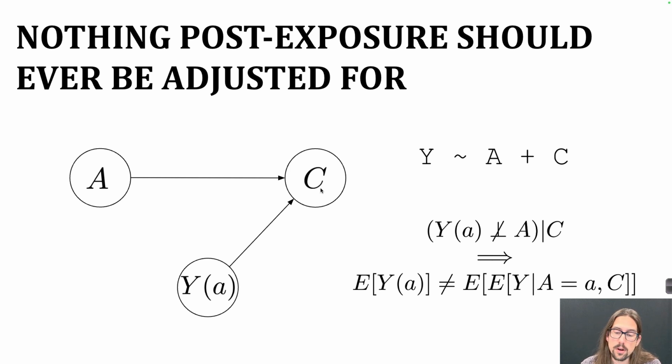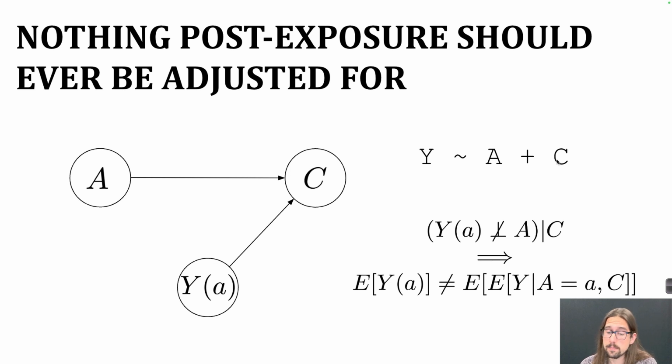You want to know what would happen in my regression model, where I'm estimating the effect of A on the observed outcome Y, if I regressed Y onto A and C. If I did this in R and looked at the coefficient of A, or did the plug-in estimator to get the marginal effect of A on Y, what would happen if I included C? Is that good to do or not? It's not good to do.